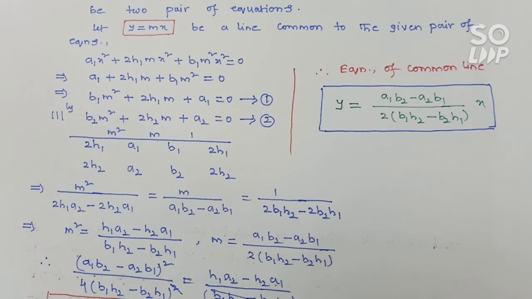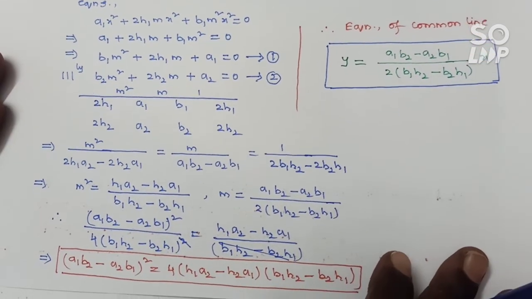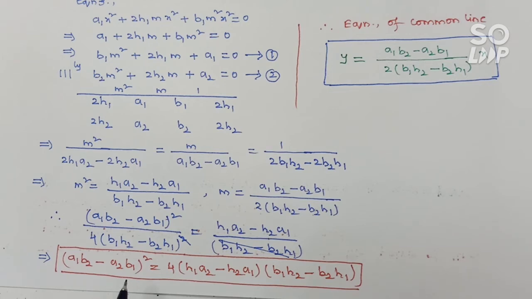If we are capable of remembering this formula and this formula, when two pairs of equations have a common line, then for any required value in that equation, you can use this condition.